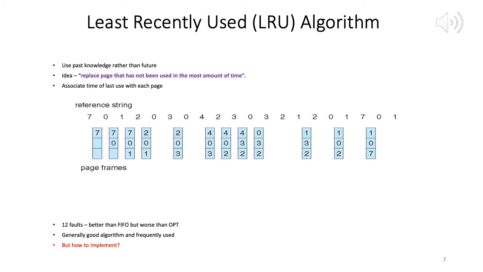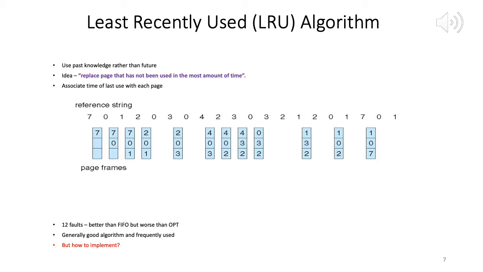Okay, now I am on slide number 7, and now we look at a third algorithm called least recently used. So the previous one we looked at was the optimal algorithm, where we evicted the page which is not going to be used for the longest amount of time into the future.